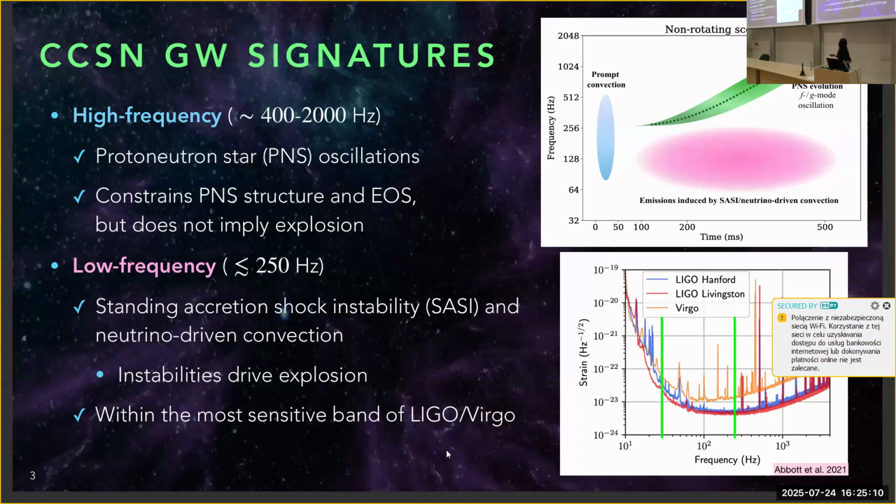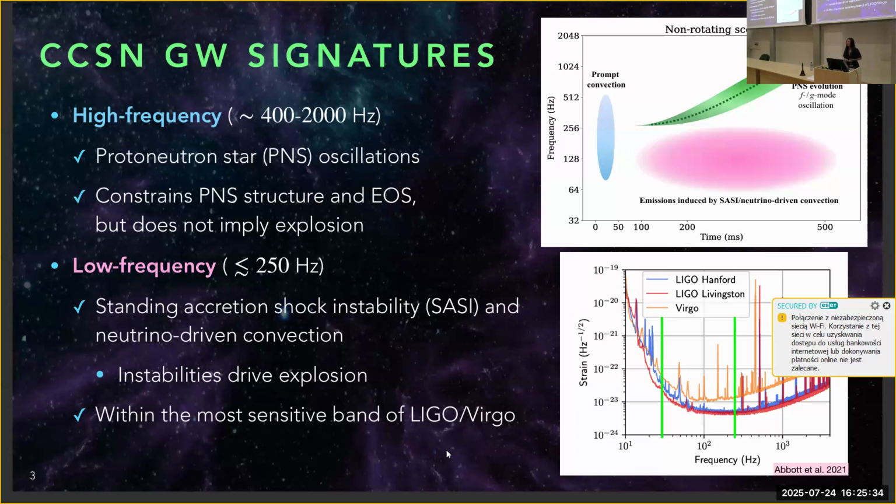Okay, so we've seen this a lot earlier this week, that the gravitational signature of supernovae can be divided in broad terms into 2 different categories. So we've got the high frequency, these PNS oscillations, which we use to probe the equation of state, right? And then there's the other part, which is the low frequency, where we see these hydrodynamic instabilities, SASI, neutrino-driven convection.